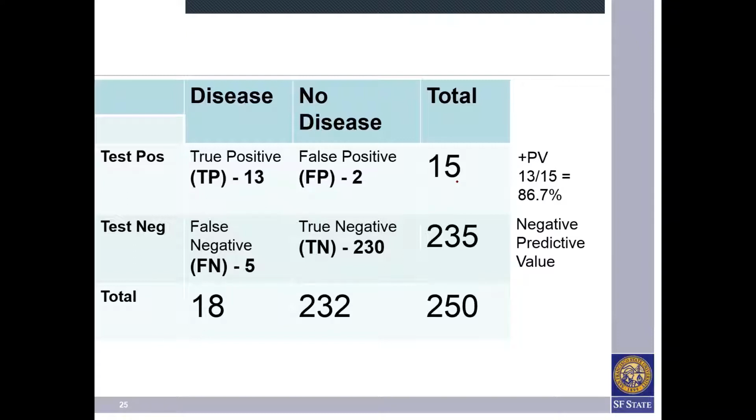Agreement? Thumbs up? Confirm? Awesome. Negative predictive value, what's that come out to? 97.9%, 230 divided by 235. Everyone get the same answer?